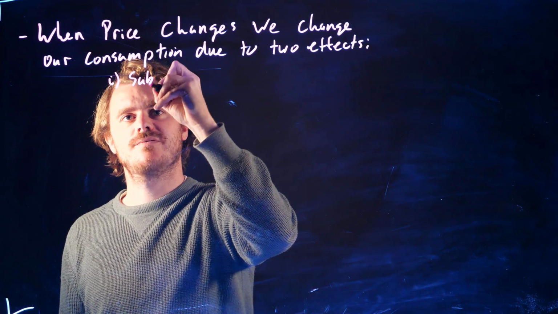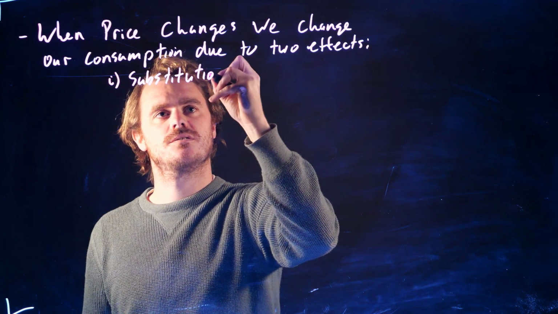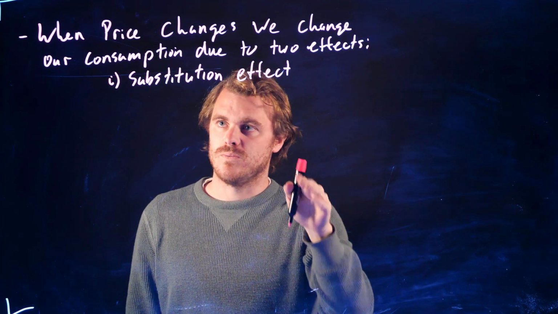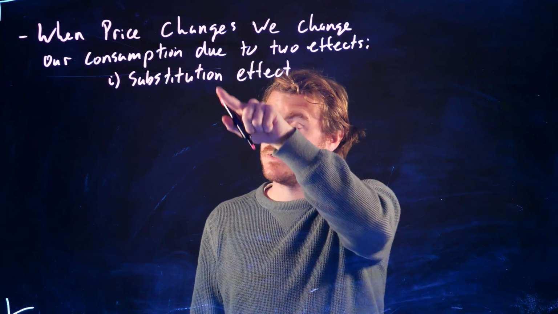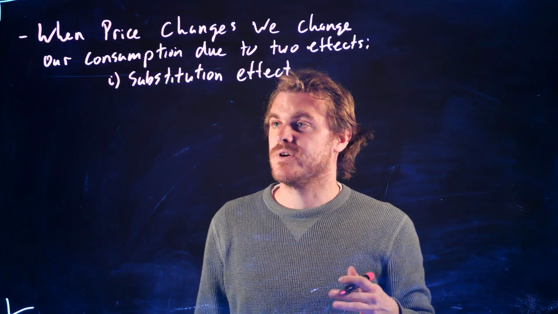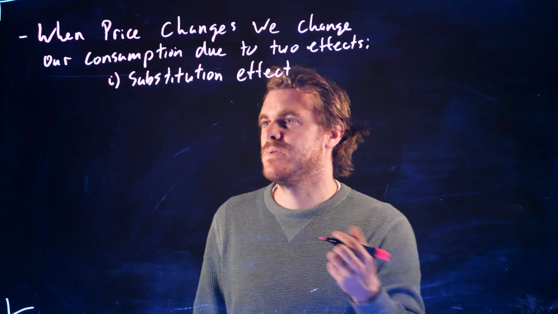The substitution effect. We'll explore these one at a time, but the substitution effect is about the relative change in prices. So if a good became relatively cheaper, we'll start purchasing more of that good.